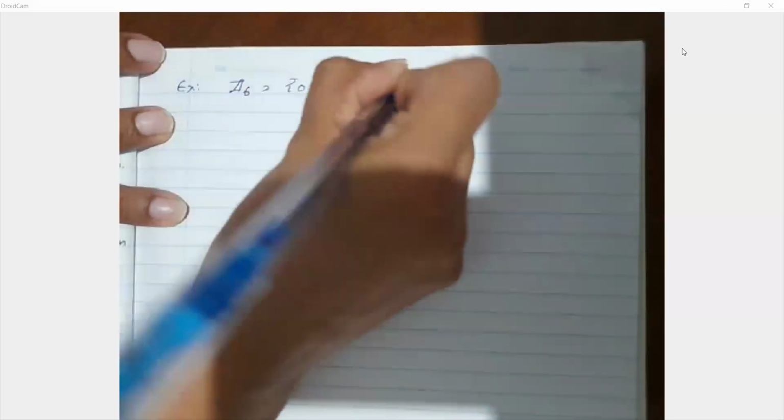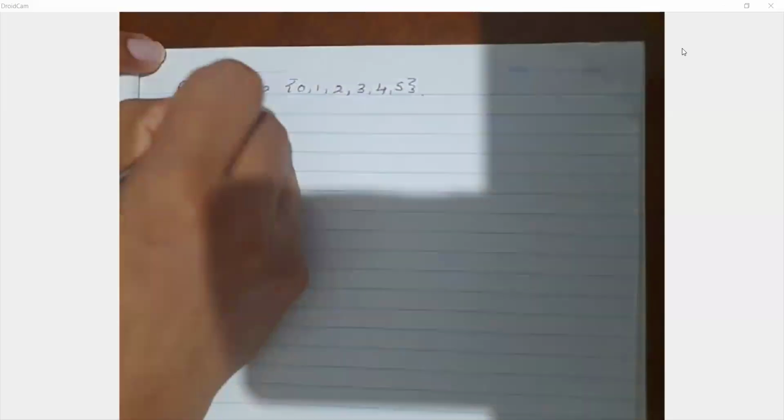Another example. Let's go with Z6. So this has elements 0, 1, 2, 3, 4, and 5. Now observe. The only units for this ring would be 1 and 5, right? Multiplicative inverses.